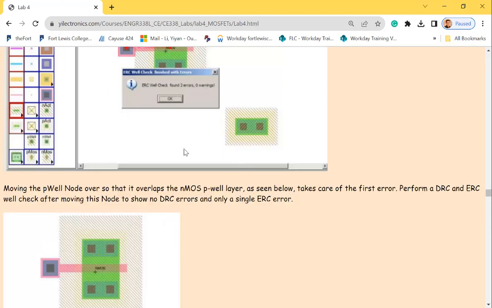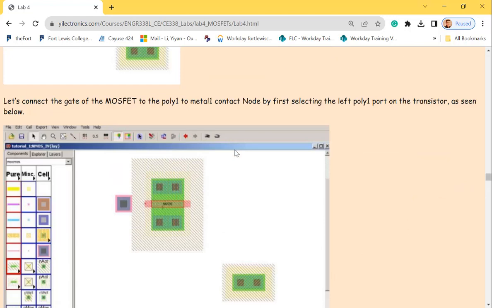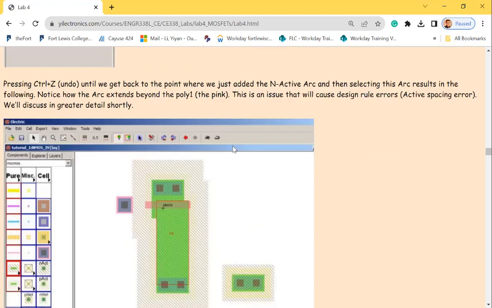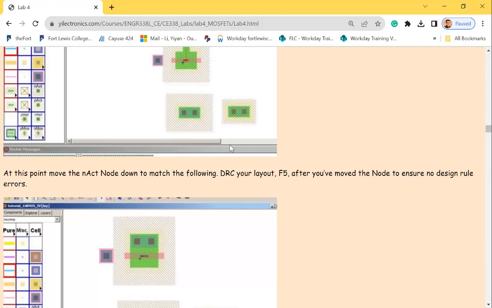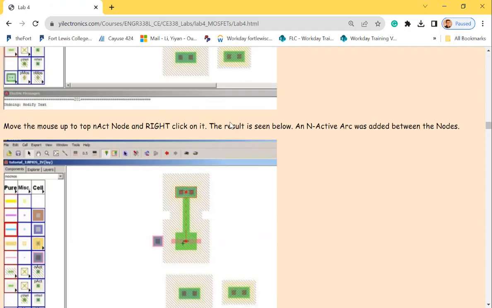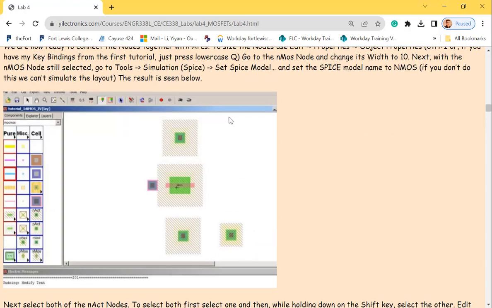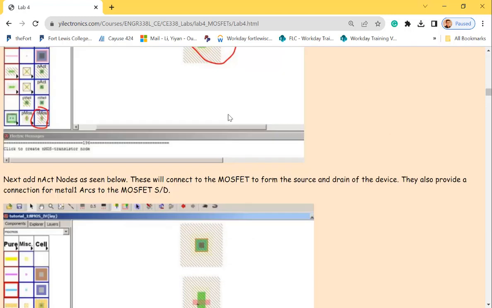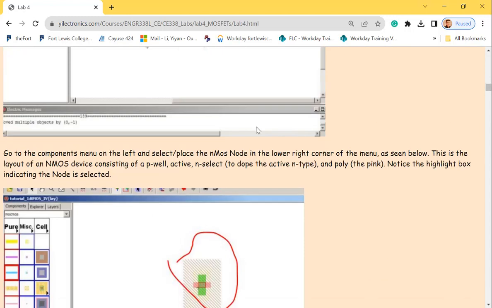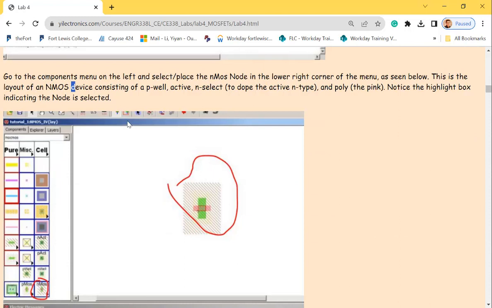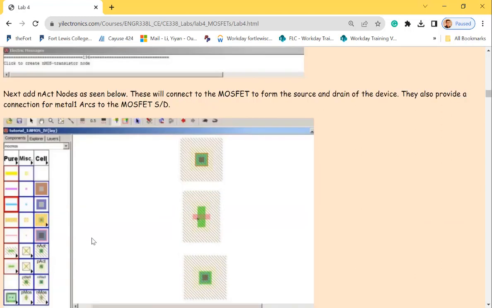So let's look at the picture and see if I was wrong or not. For the P well or P act, which one are we supposed to use? I believe it's a P well. See, at the very beginning, for NMOS, grab NMOS first, put NMOS, but it doesn't have an N plus, and then grab N plus.